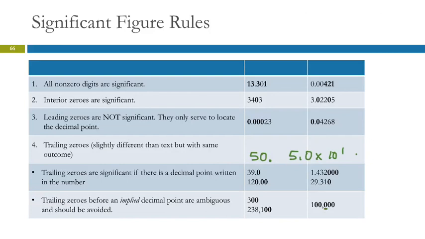But if you want to write this number in a way that other scientists will definitely understand, you should put it in scientific notation. And so then you would write all of those significant figure zeros. You'd leave the last two off, and this would be times 10 to the 5. In scientific notation, if there are zeros, there will always be a decimal point. So in scientific notation, all the zeros are significant. Questions? I think we have some examples coming up here.